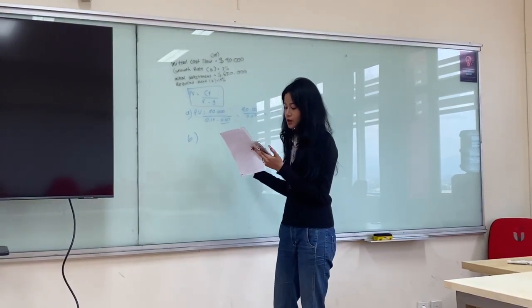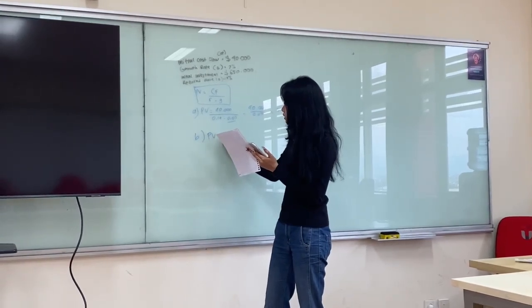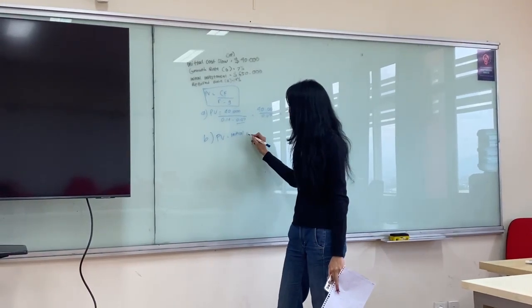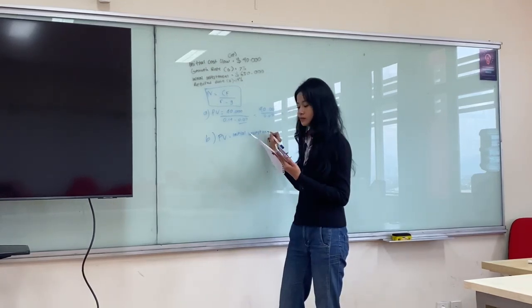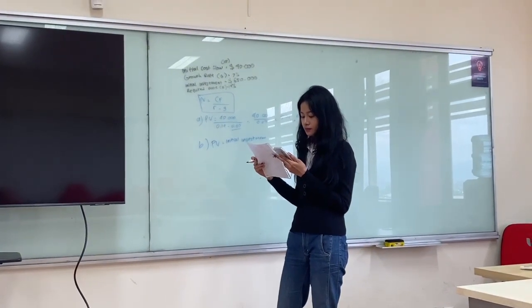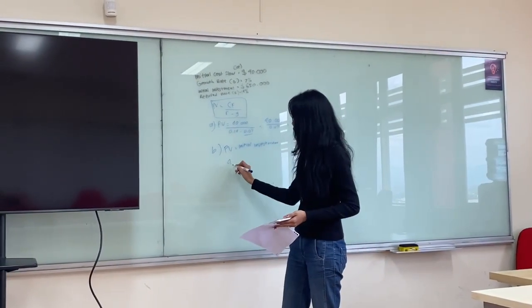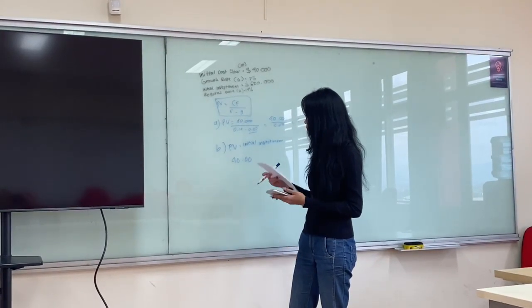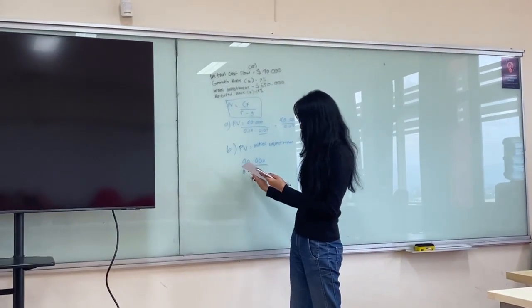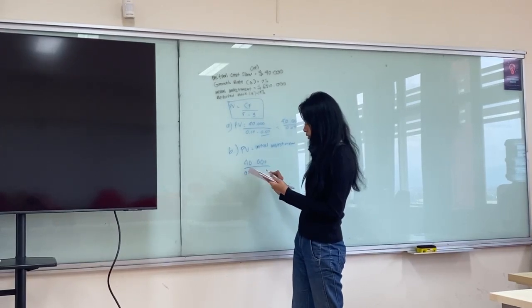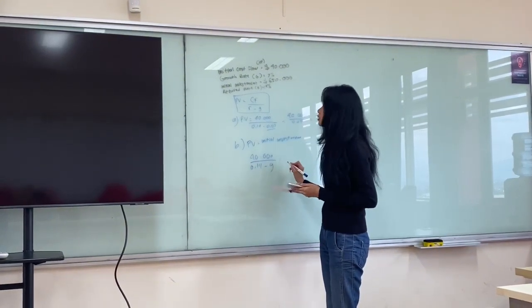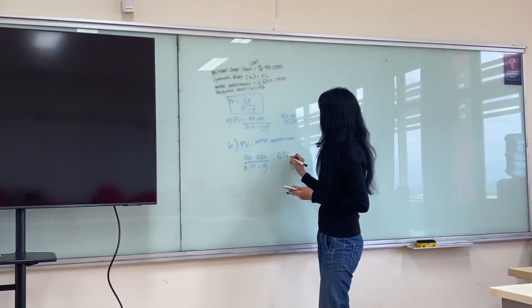So PV equals initial investment, so it's 40,000 divided by 0.14 minus G equals 650,000.